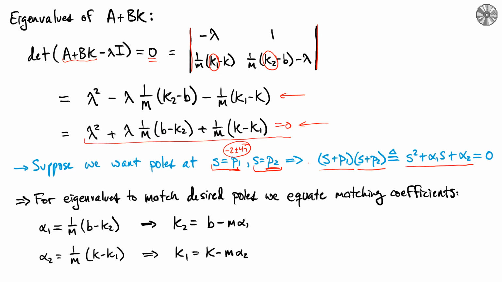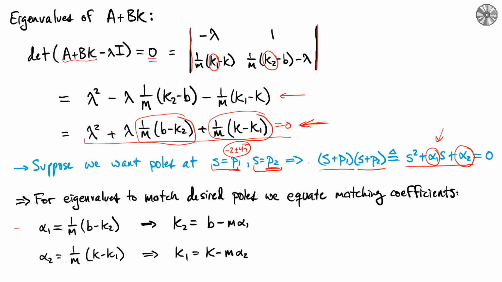And remember that the eigenvalue equation, when we studied this for open loop systems, was identical to the pole characteristic equation here, essentially the denominator of the transfer function. And so that means that this α1 needs to be the same as this coefficient here, the linear coefficient. And then the constant coefficient here, α2, needs to be the same as this coefficient here.